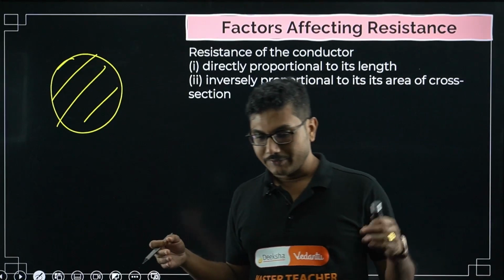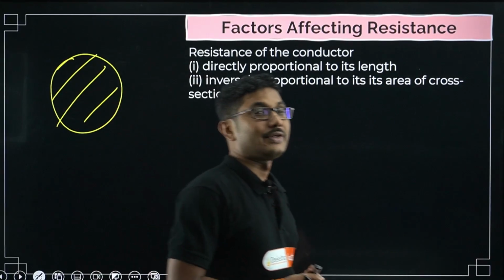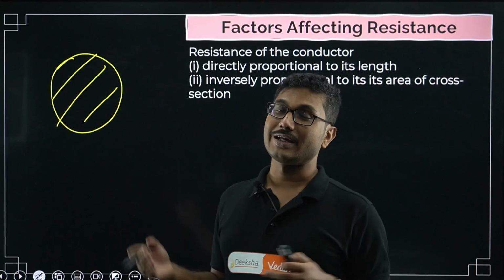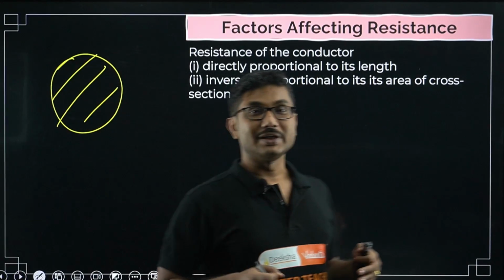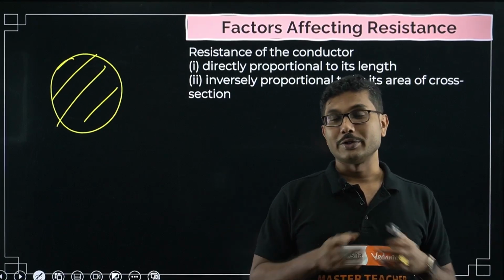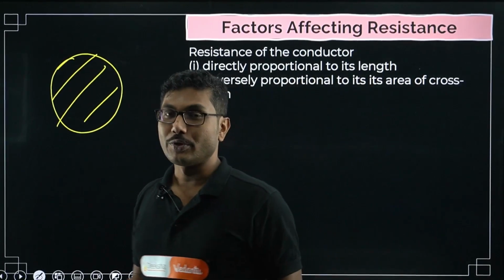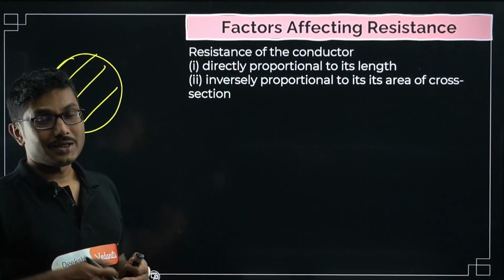If you are watching from a city like Bangalore, where a lot of traffic congestion is happening because roads are narrower and a lot of vehicles are traveling, resistance is very high. Now if you can somehow increase the width of the road, the resistance will decrease. You can decrease the resistance of the circuit.